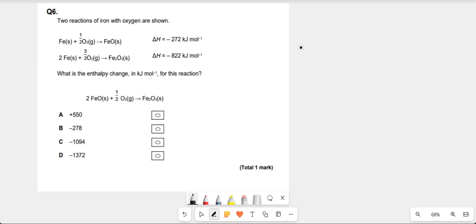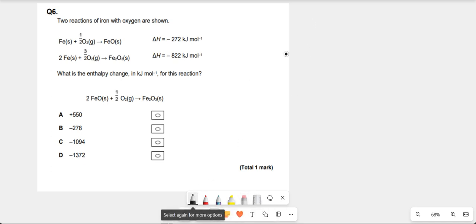So what I need to do here is work out how it's going to form what you want it to form. I essentially just need to times the top reaction by 2, so it'll be 2Fe. Sorry, so reverse the top reaction and then times it by 2.